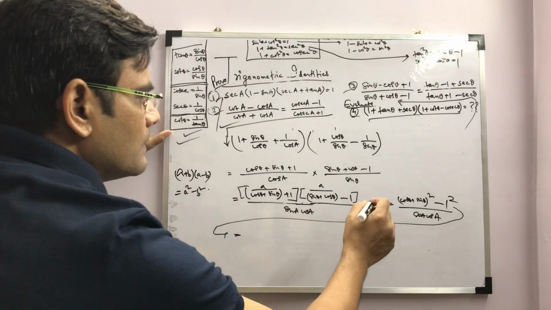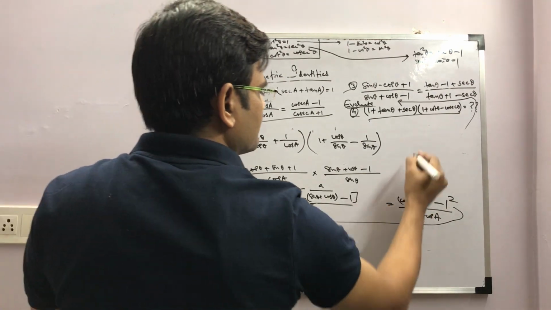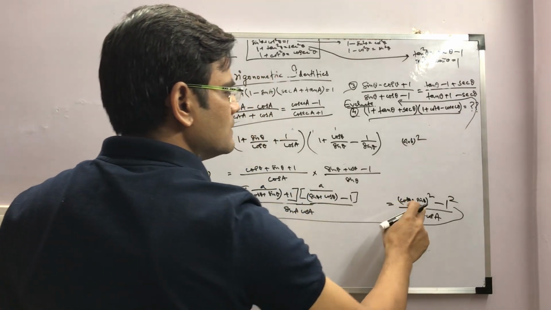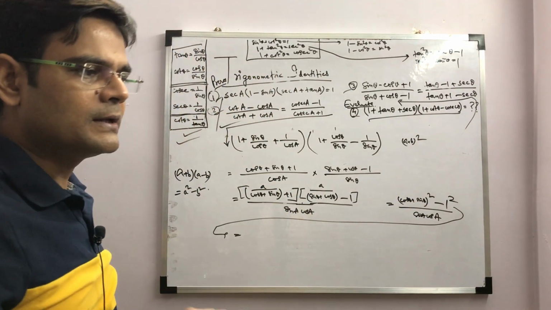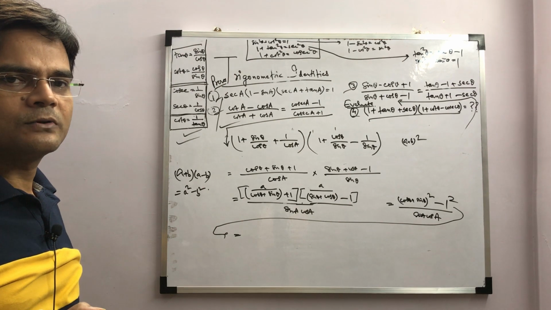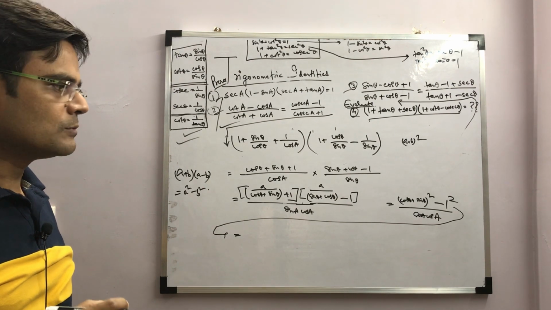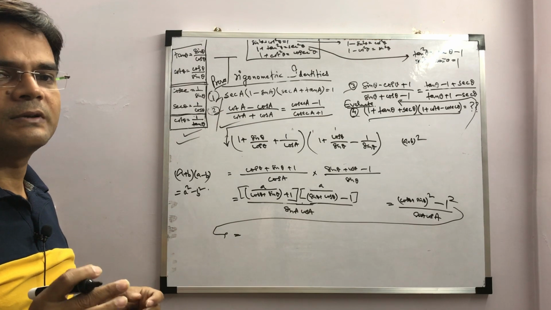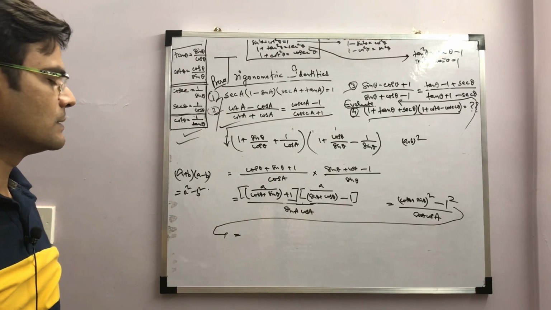Now apply a plus b whole square. Whenever you see cos theta plus sin theta whole square, you apply a square plus b square plus 2ab. A plus b whole square is equal to a square plus b square plus 2ab. So sin square plus cos square theta will become 1. That's the reason we are breaking it into a plus b whole square.